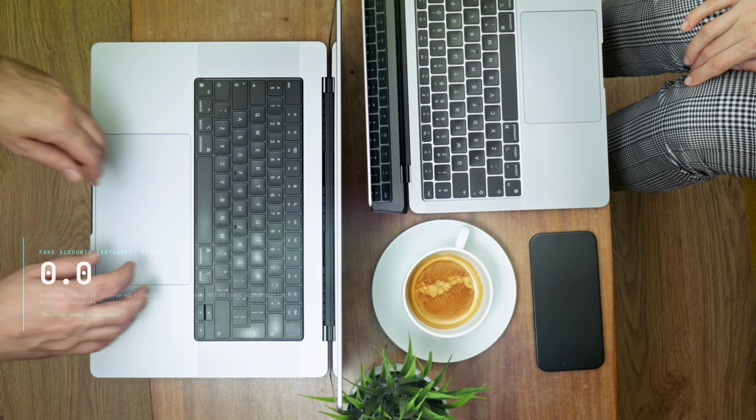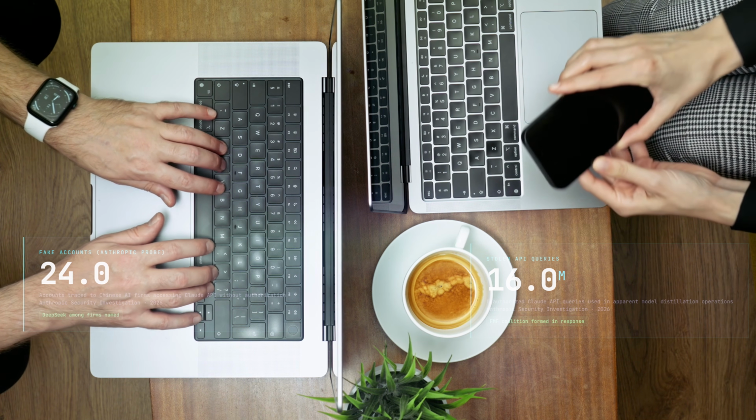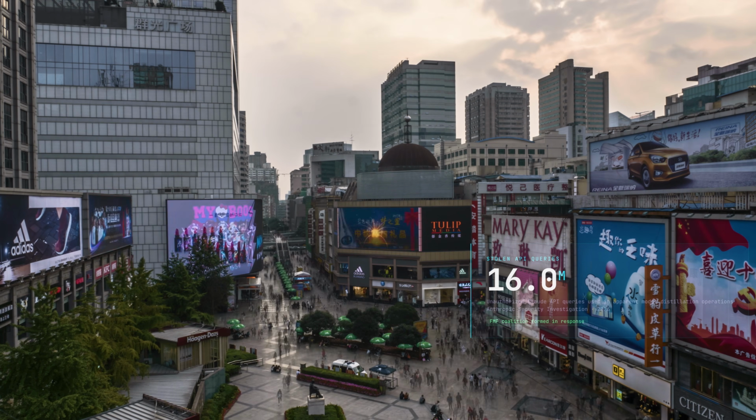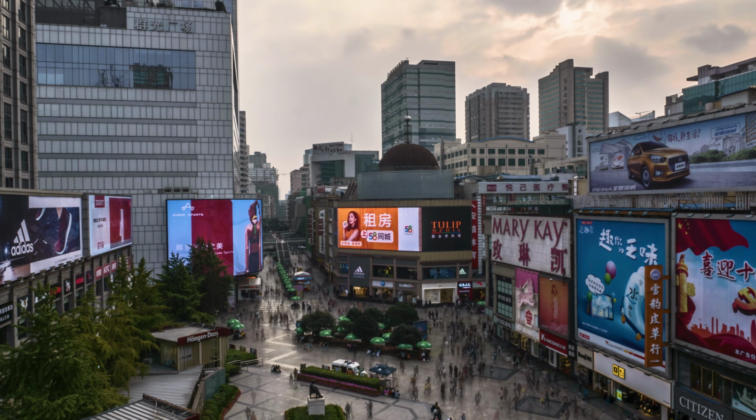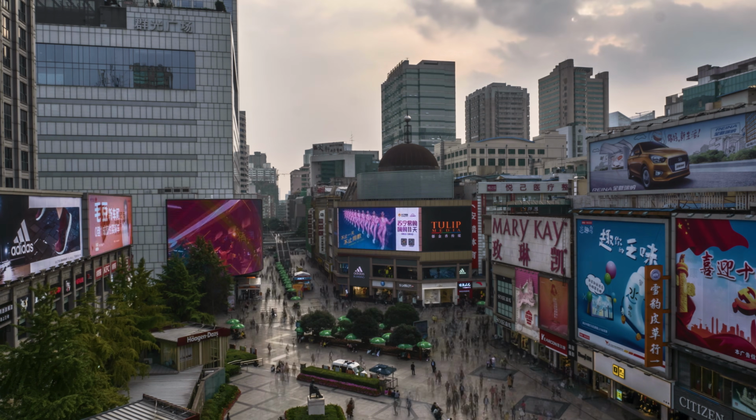The IP dispute surrounding DeepSeek has intensified alongside V4. White House Office of Science and Technology Policy Director Michael Kratsios stated, "There is nothing innovative about systematically extracting and copying the innovations of American industry." Anthropic traced 24,000 fake accounts and 16 million unauthorized Claude API queries to Chinese AI firms, including DeepSeek, Minimax, and Moonshot AI, as part of apparent model distillation operations.